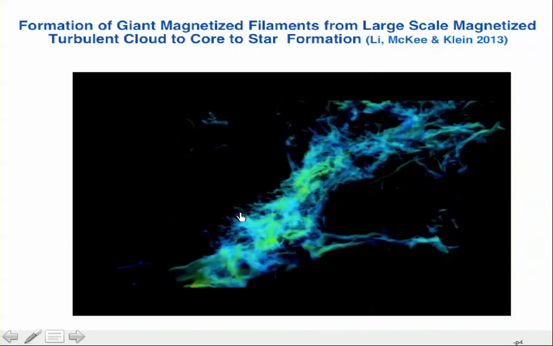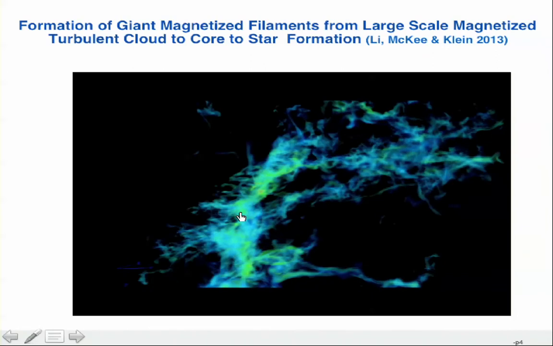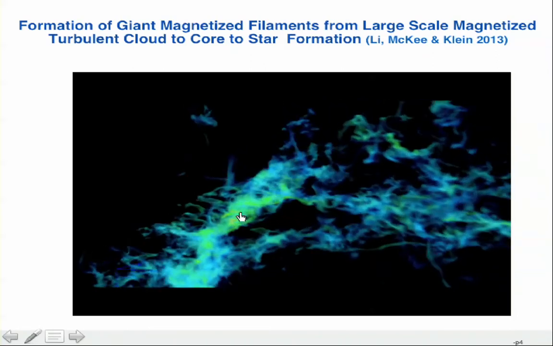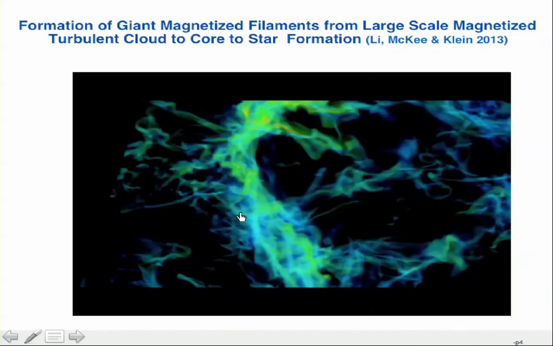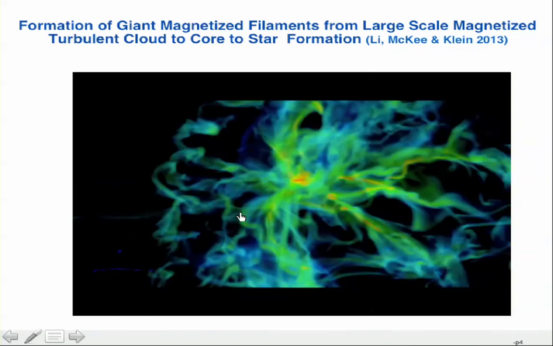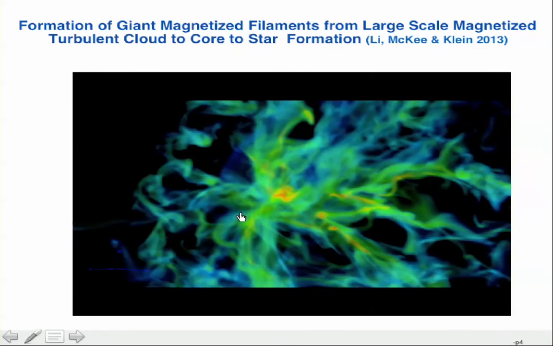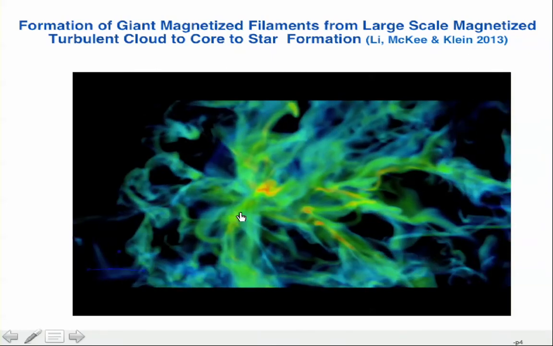We see the development of these embryos of stars within the filaments, and I'm going to concentrate on a high-density core, because that high-density core has to further collapse to produce an actual high-mass star. So let's concentrate on that region there.